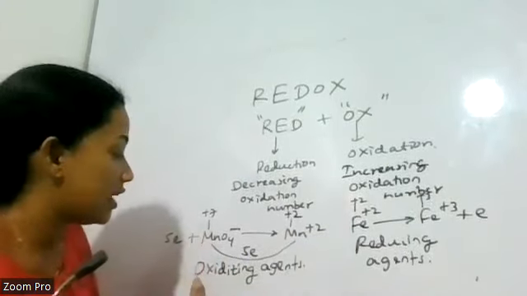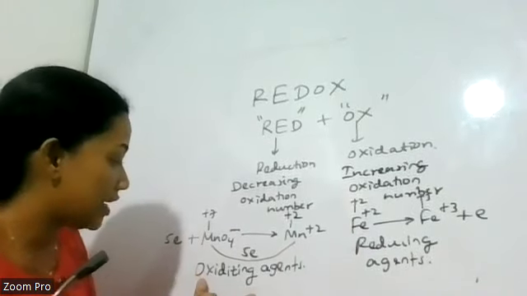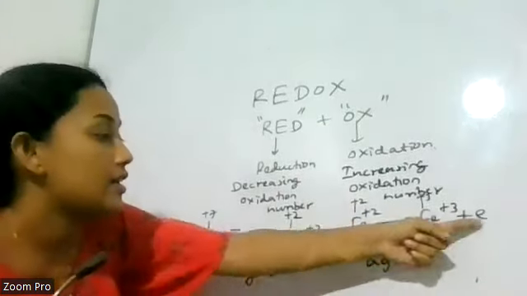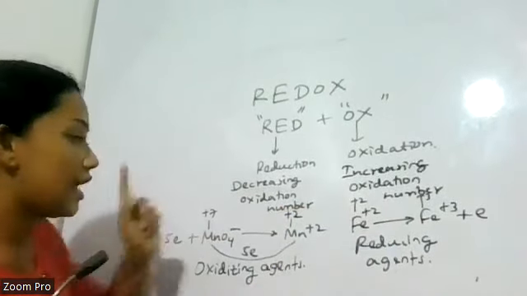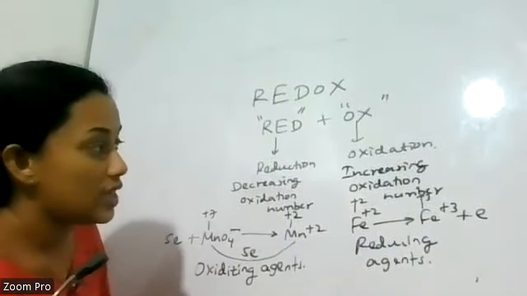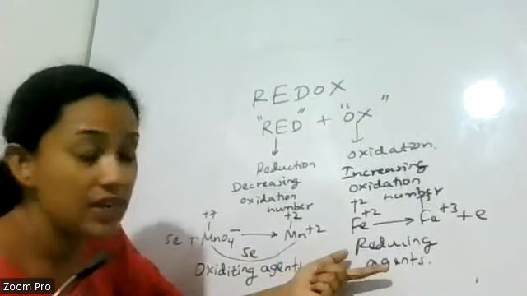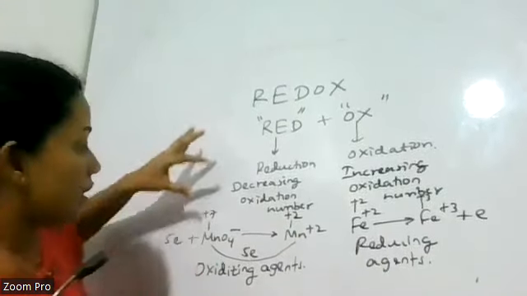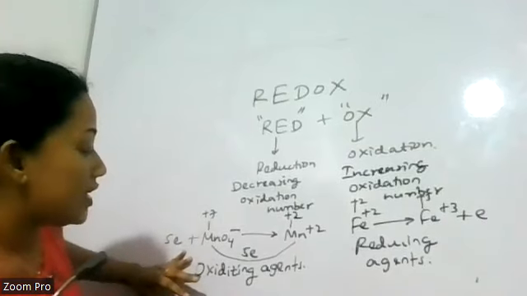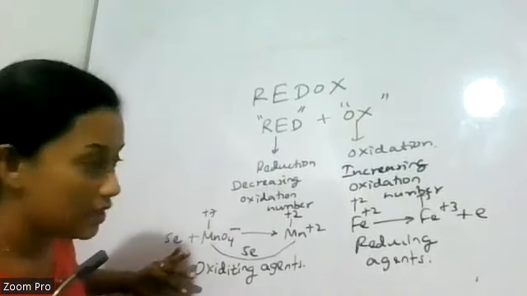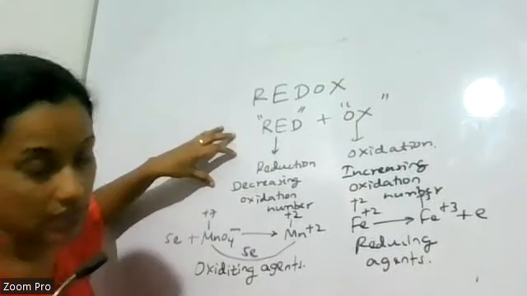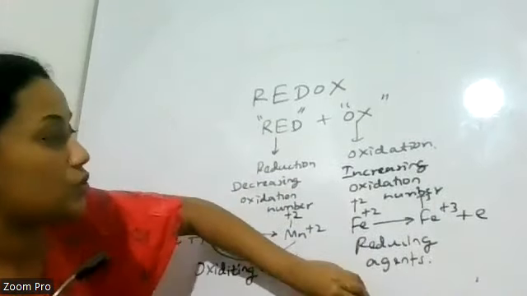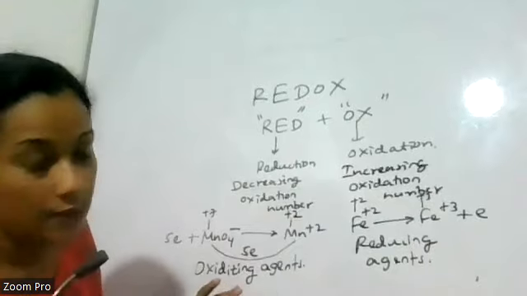By removing electrons from reducing agents. Therefore, normally oxidizing agents do the reduction. Reducing agents do oxidation.